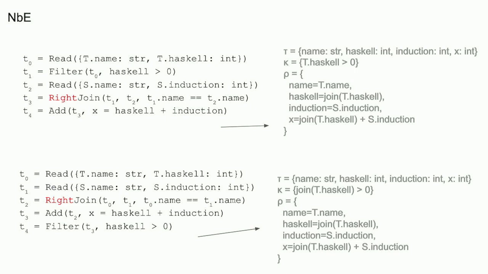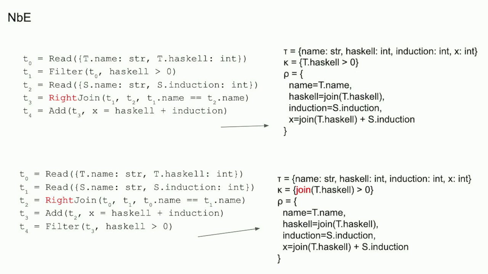If you look at the lineage of induction, it's just from the original table, saying nothing happened to the original table. But if the filter node happens after the right join, you can see this tag here, so they will be different. So, yeah, that's the idea.